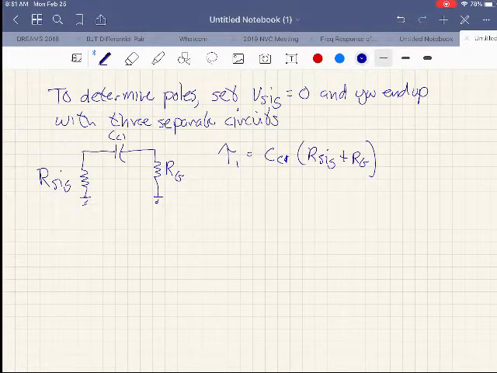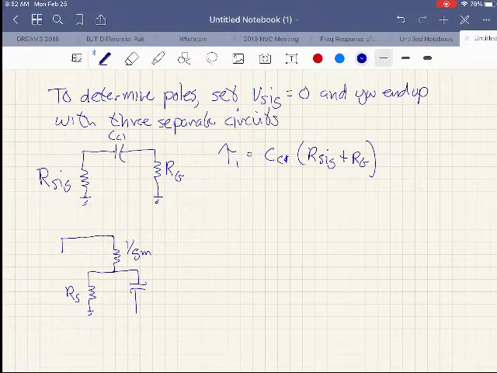Let's look at CS now. For CS, our circuit is a little more complicated. This resistance value here is 1 over the transconductance. We've got RS here, and we've got CS in parallel, and this drops to ground up here.